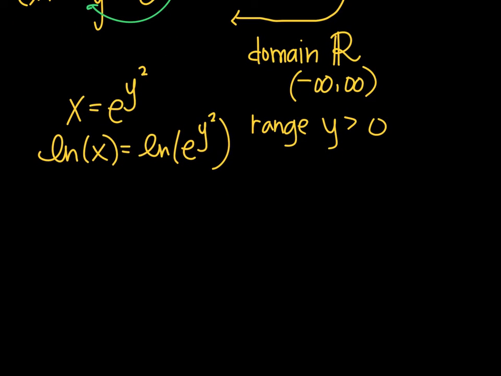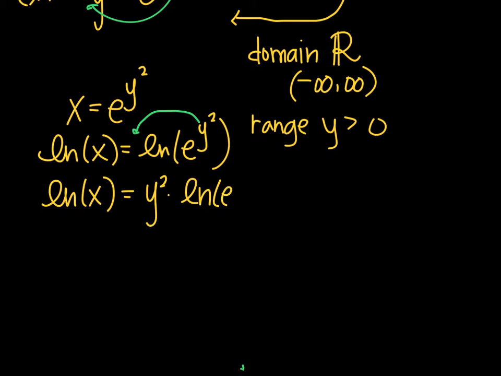What that does is the property of the natural log of e to the y squared, all powers can get pulled to the front. That's one of those properties of logarithms that allows you to pull it to the front. So we now have the natural log of x, and then we've got y squared in front of the natural log of e, and I think Ms. Price called that linear with you.